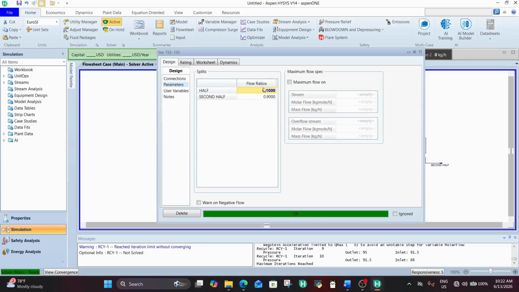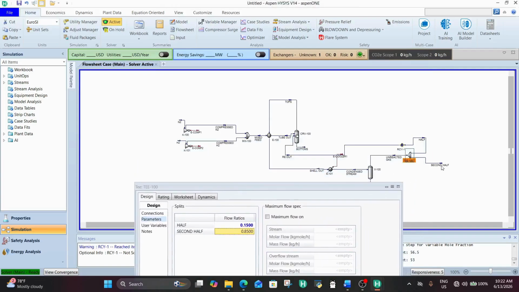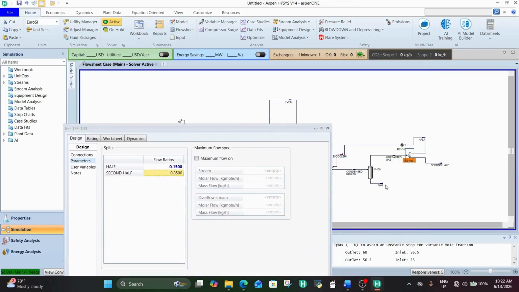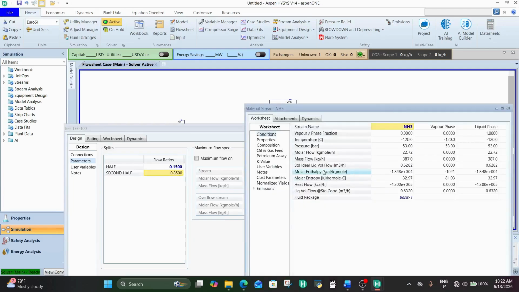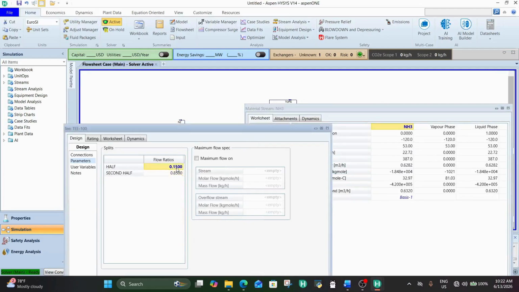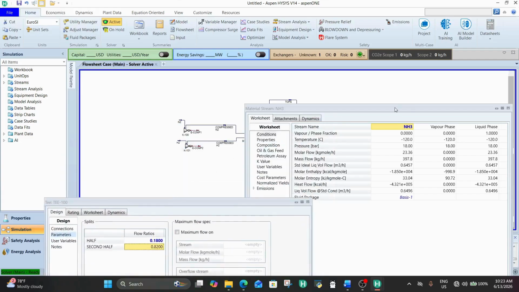So let's just be a little curious. Let's push this to 0.15. Is that acceptable? Yep. What does our yield look like? Good, 22.2. Let's push it to 0.18, 23.